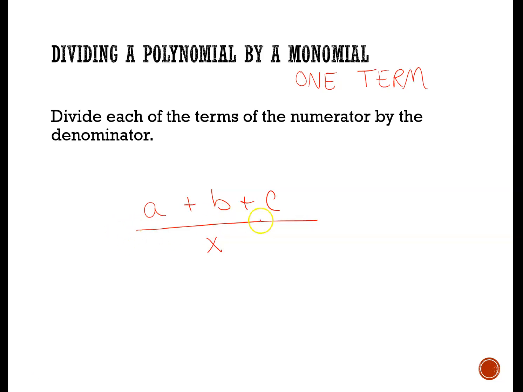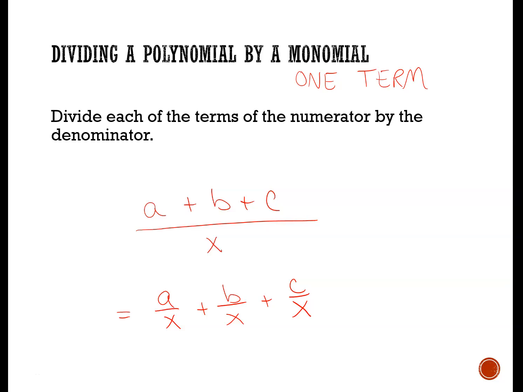Remember, the fraction bar is your division. All you have to do is divide each term on top by the term that's on the bottom. So you can do a divided by x plus b divided by x plus c divided by x. And sometimes those can simplify and sometimes they can't. Okay, but that's the process.